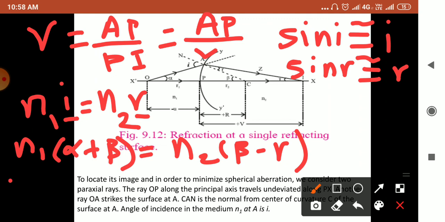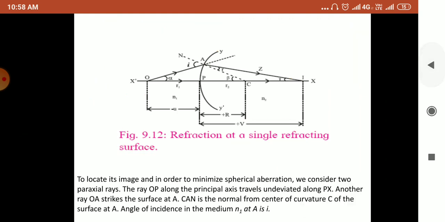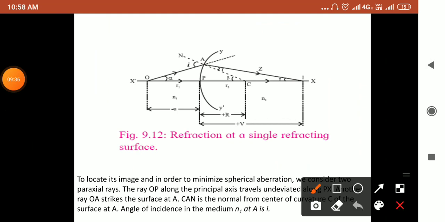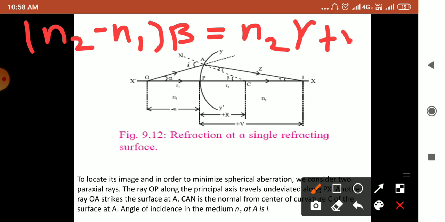So we get the equation n2 minus n1 times beta equal to n2 gamma plus n1 alpha.